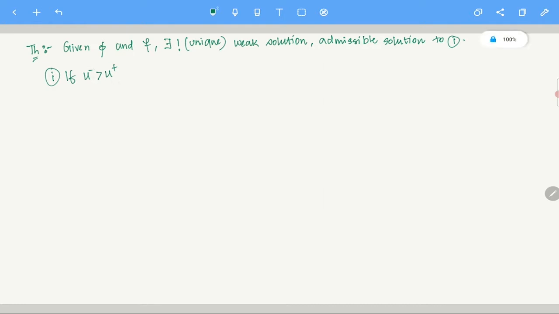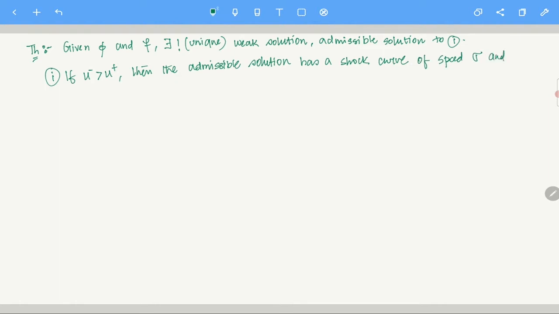So if the height on the left is more than the height on the right, then the admissible solution has a shock curve, x equals sigma t. It has a shock curve of speed sigma. You remember speed, which is f prime of xi prime of t, right?